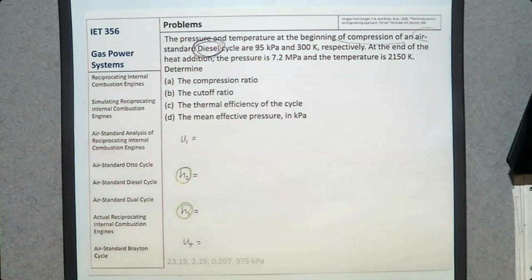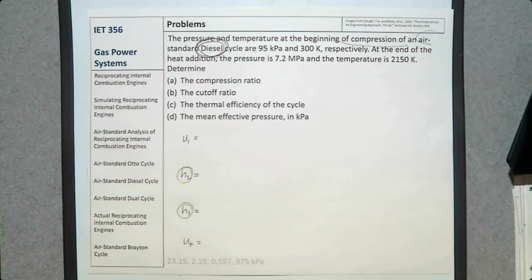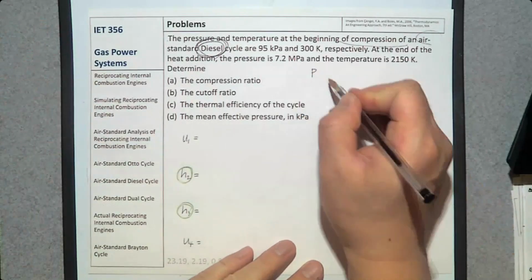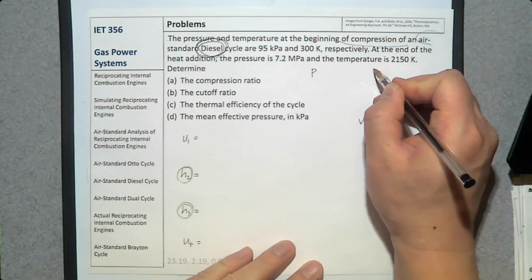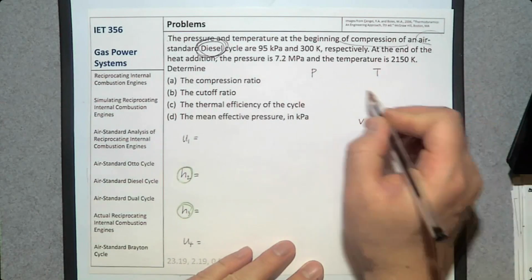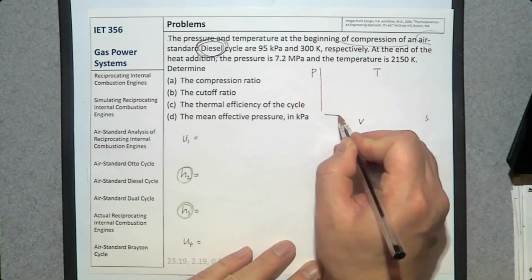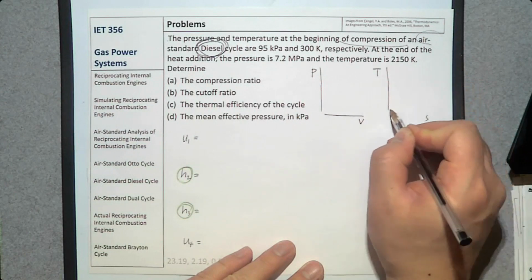And as I told you, whenever you see an air standard cycle, you need to make two property diagrams. The first one is the TV diagram, and the other one is the TS diagram. The TV diagram looks like this.